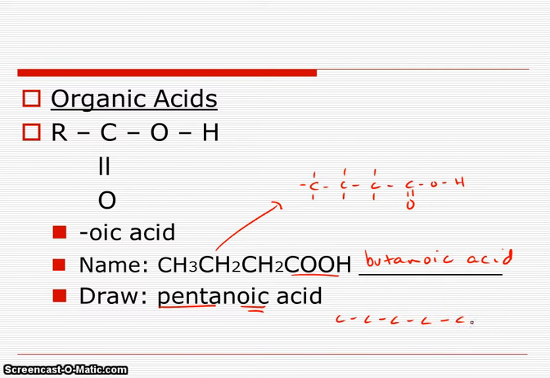That would be pentane. And to make it an organic acid, we'll put that oxygen and that OH. And then we'd have 1, 2, 3, 4, 5, 6, 7, 8, 9 additional hydrogens. This carbon already has 1, 2, 3, 4 bonds, so it wouldn't have a hydrogen coming off of it.